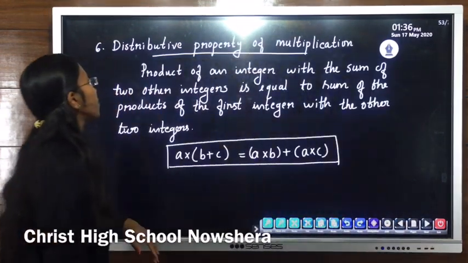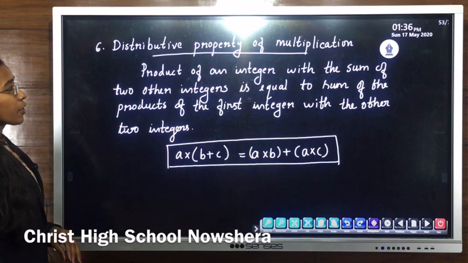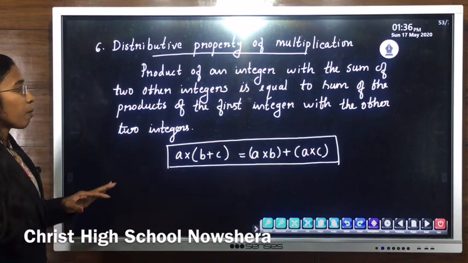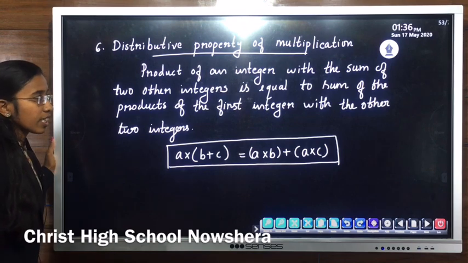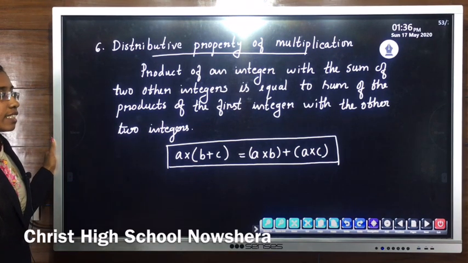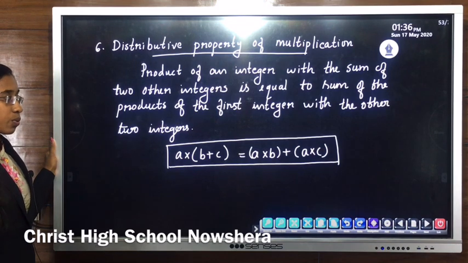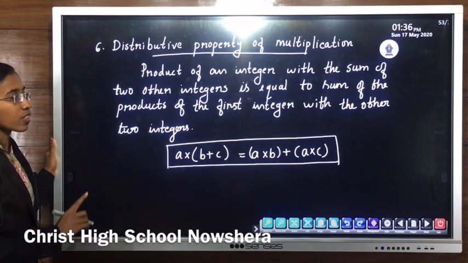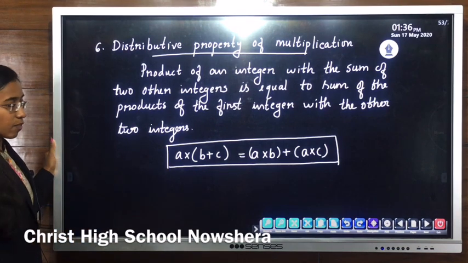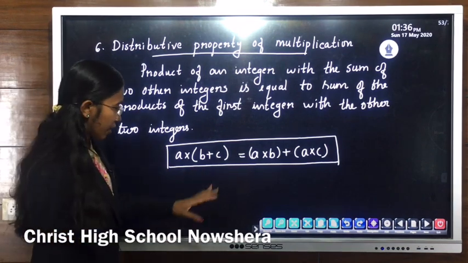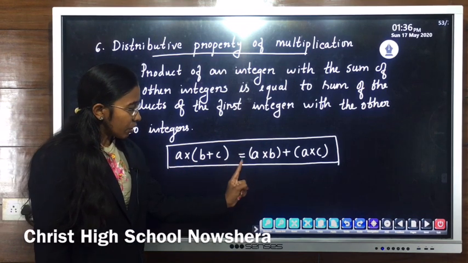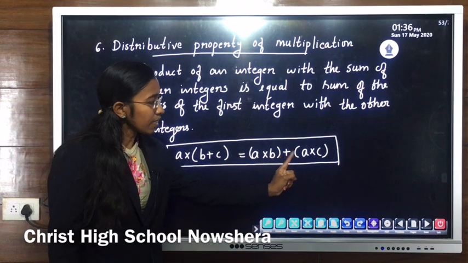Another, sixth property, distributive property of multiplication. Distributive property means the product of an integer with the sum of two other integers is equal to the sum of the products of the first integer with the other two integers. This is the equation: a into (b plus c) is equal to a into b plus a into c.